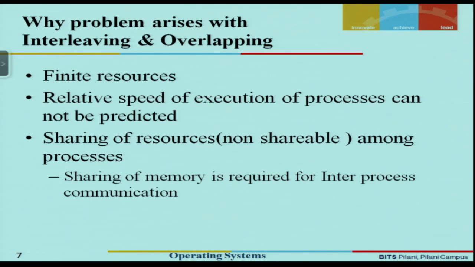How fast, how slow a process would execute at a different point of time cannot be predicted, and this is primarily because when the same process executes at a different point of time, the resources available in the system are going to be different. So the relative speed of execution of processes will not be possible to predict.